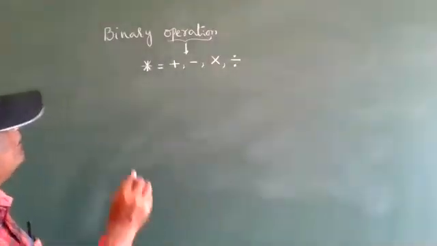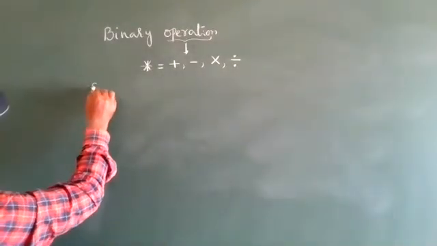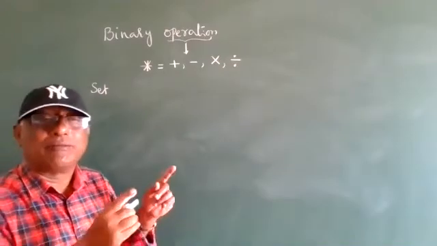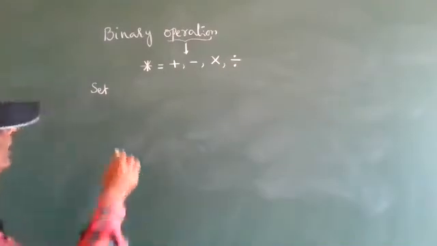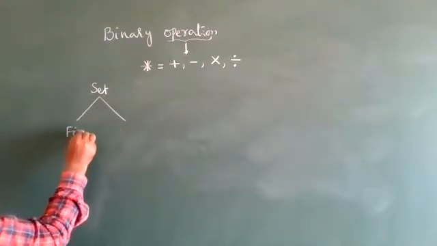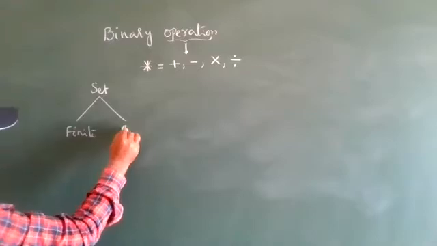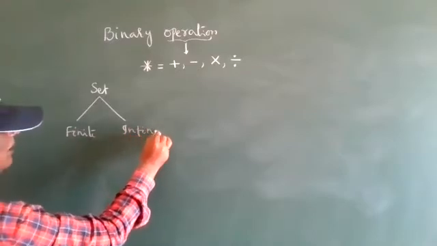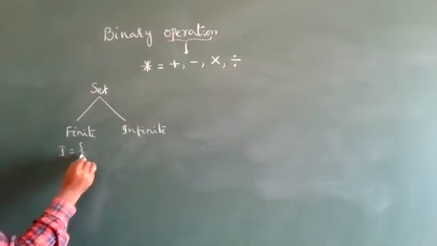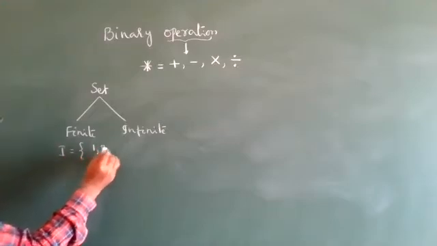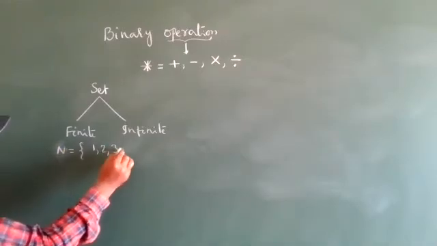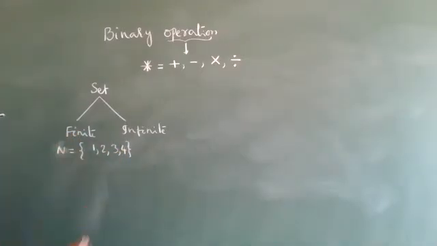Next one. In a binary operation, one set they will give. That set is either a finite set or an infinite set. Finite set means, for example, natural numbers 1, 2, 3, 4, 5, up to 4 only I am going to take.